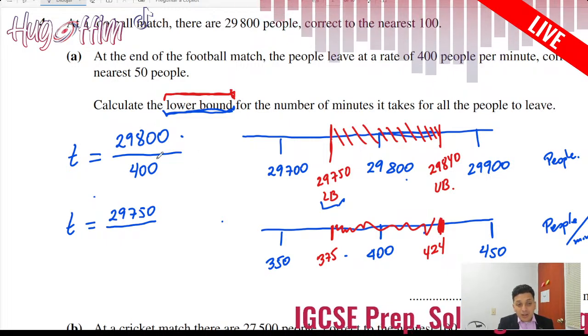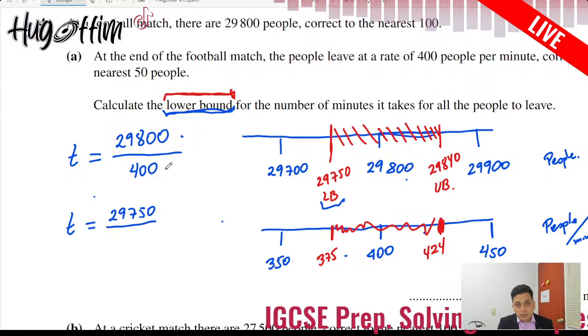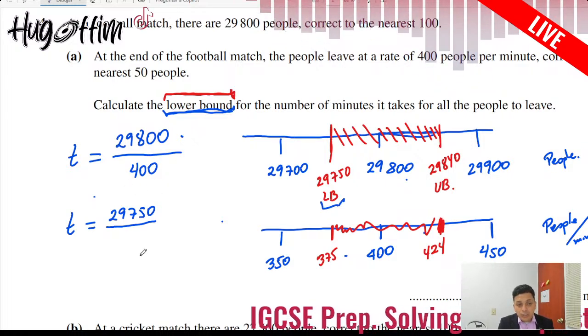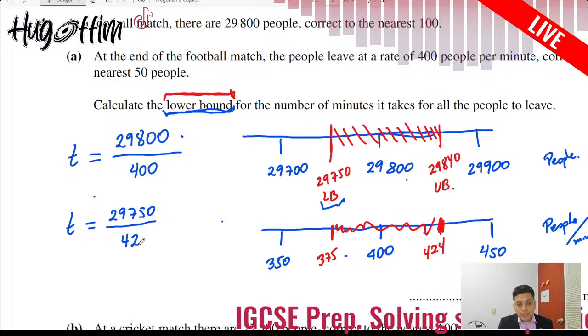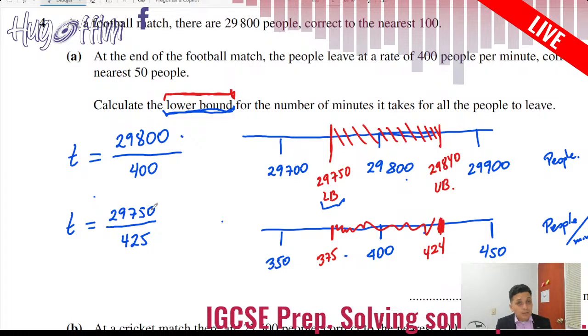If the denominator increases, the whole division decreases. So the highest number I can use here is 425. So just think in terms of the operations.